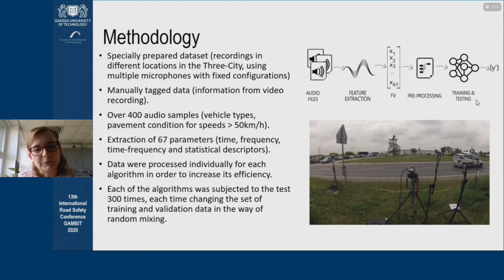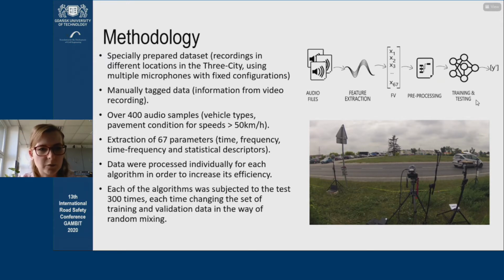In terms of methodology, the database for the passages, for each of those vehicles passing, was done on the roads in the tri-cities, mainly for dual carriageways where there's increased speed, also for a variety of weather conditions.